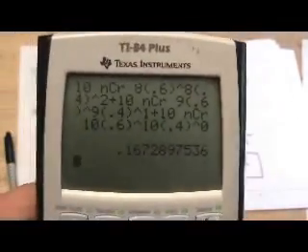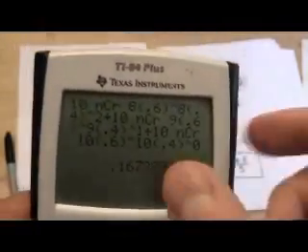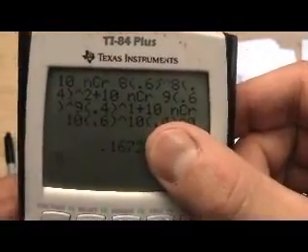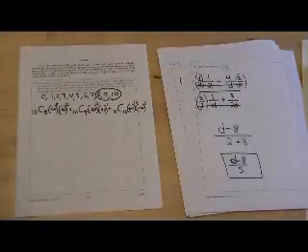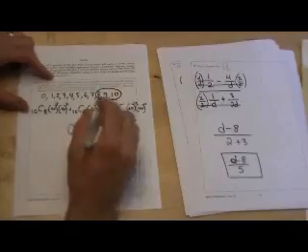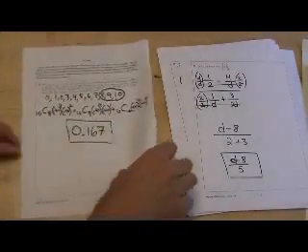So 0.167 to the nearest thousandth, right? 1,000 has 3 zeros, so we want to go as far as 3 places. And it stays put, doesn't round, because the next value is a 2. So 0.167. And you can put 0 in front. Doesn't matter whether or not you do. The thing that really matters is that you have 3 places exactly after the decimal.